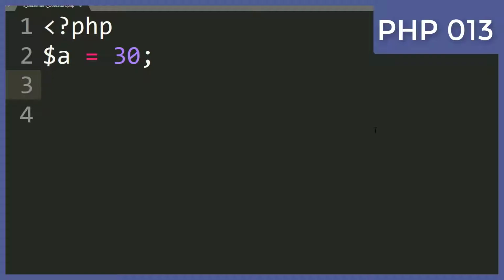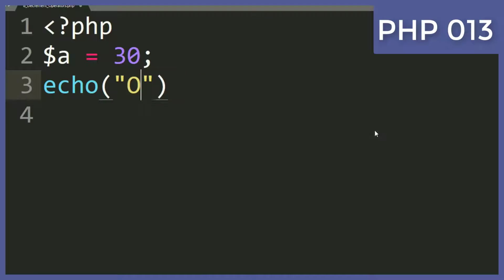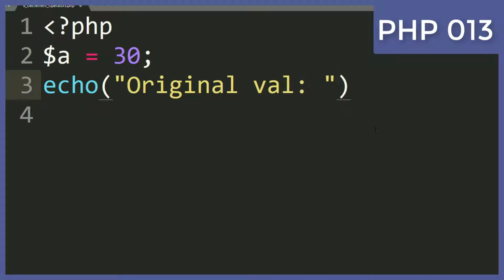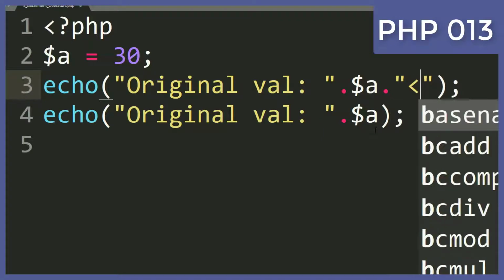I simply say echo original val, then I concatenate the value of a, and then concatenate the new line by putting the br tag there.